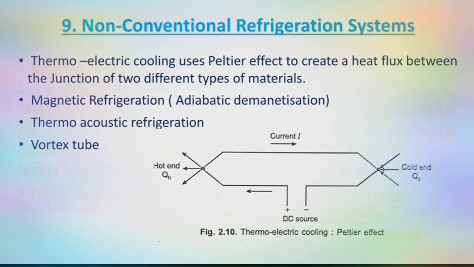The other main non-conventional system is magnetic refrigeration, also known as adiabatic magnetization, a cooling technology based on the magnetocaloric effect. The intrinsic property of magnetic solids is used here. A strong magnetic field is applied to the refrigerant, causing its magnetic dipoles to align and putting the degrees of freedom of the refrigerant into a state of lowered entropy.